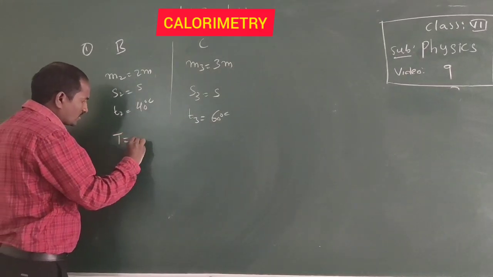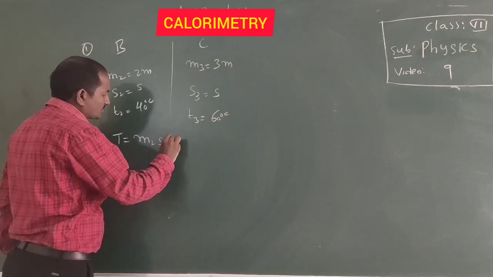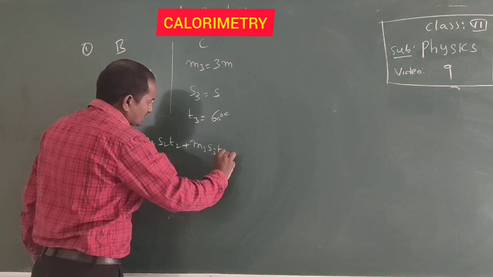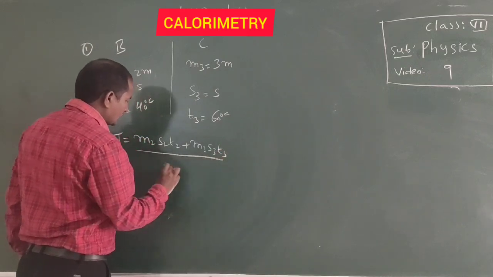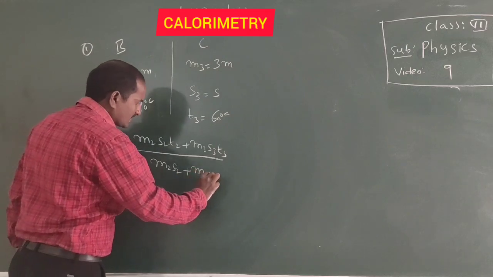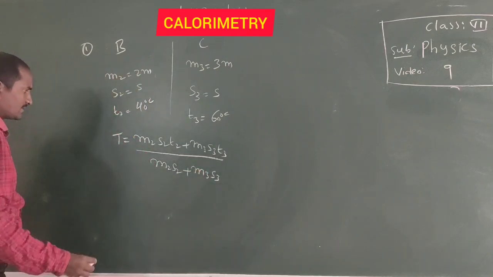So T equal to M2 S2 T2 plus M3 S3 T3 by M2 S2 plus M3 S3.